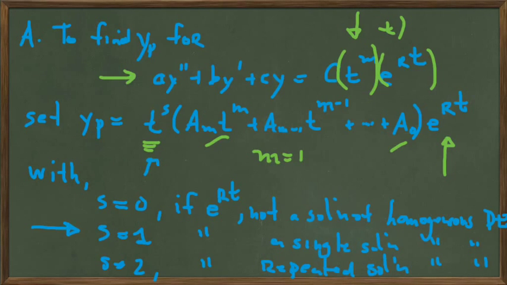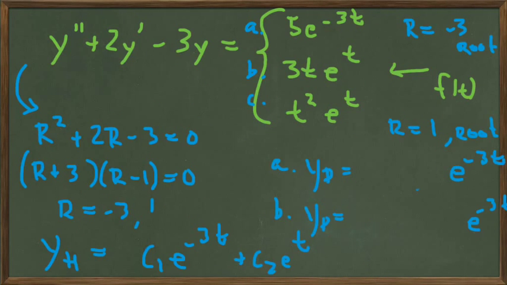So it has to have the t to the s out front. It doesn't have the polynomial part because there's just a constant out front. So it would be just this e to the minus 3t multiplied by t.